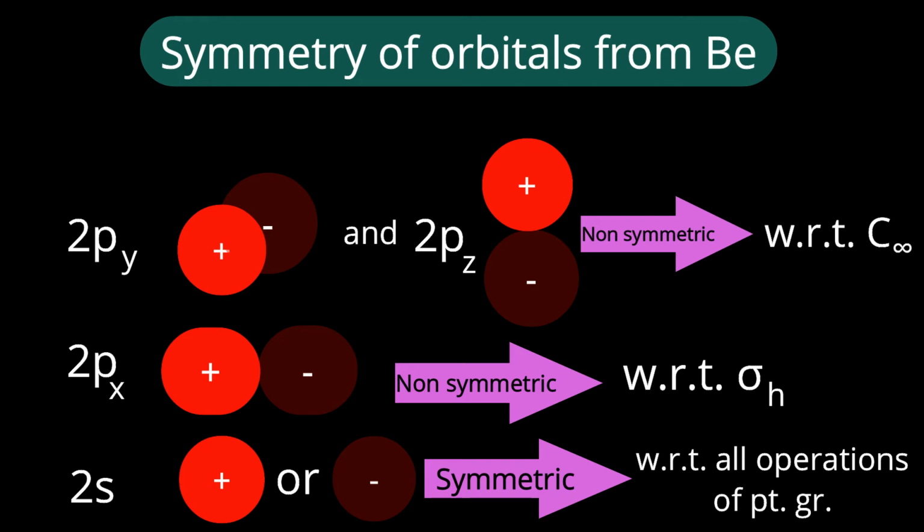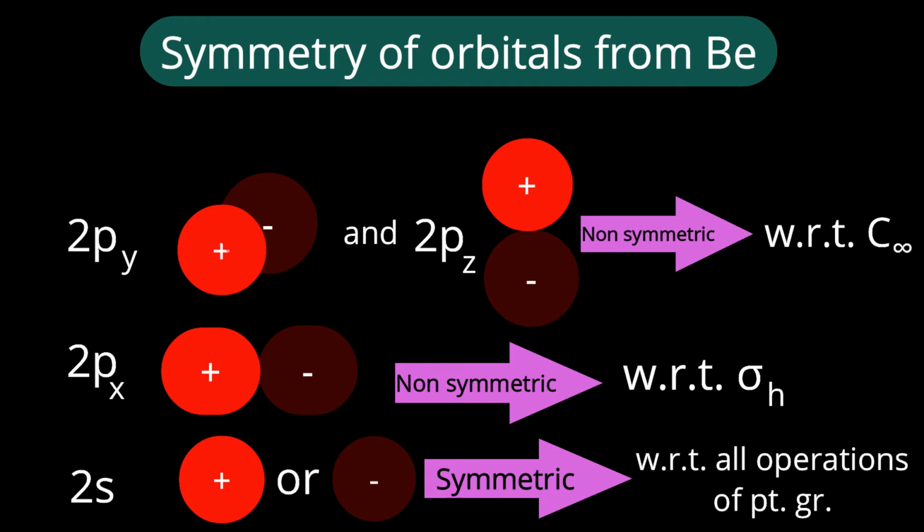This px orbital is symmetric about many of the operations, but it is not symmetric with respect to the horizontal plane, because the left side has positive phase and the right side has negative phase. You can consider center of inversion also, but for the sake of simplicity I am considering only the horizontal plane. So it is not symmetric with respect to the horizontal plane, and for distinguishing purposes this one is sufficient.